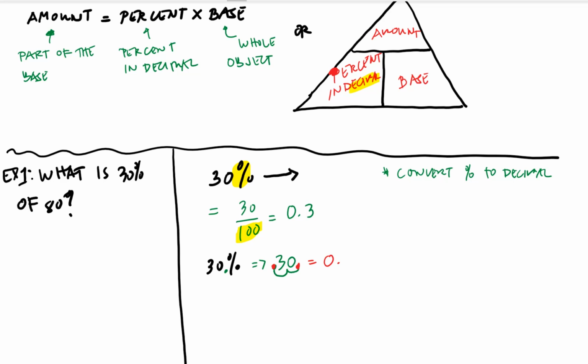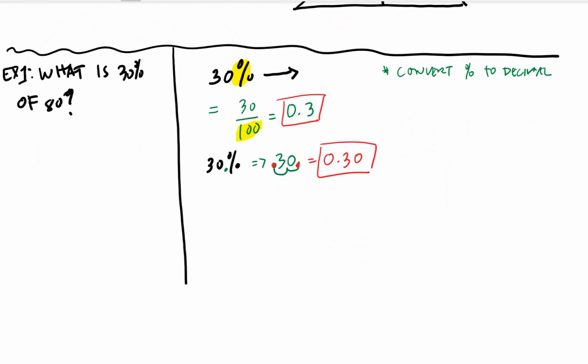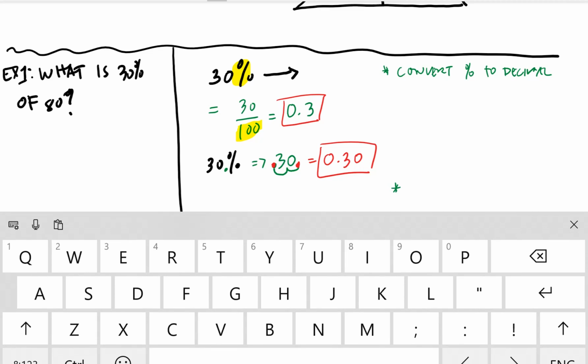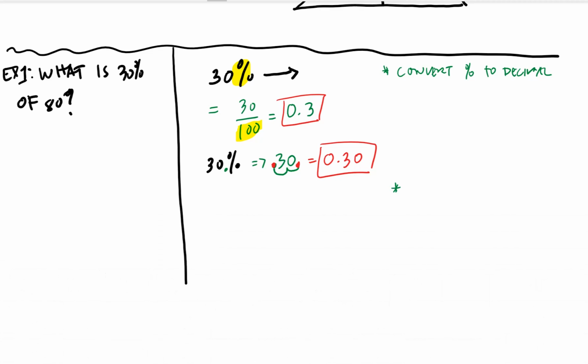So that becomes 0.3. So you can see it gives you the same answer, 0.3. So 30% is just 0.3. So the next thing that you do is use the percent triangle.